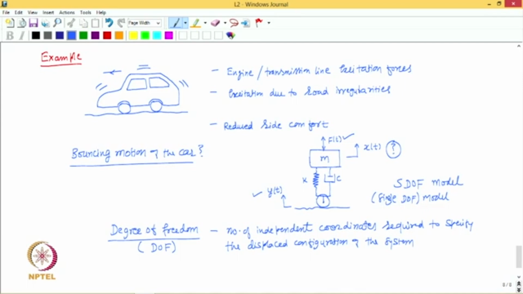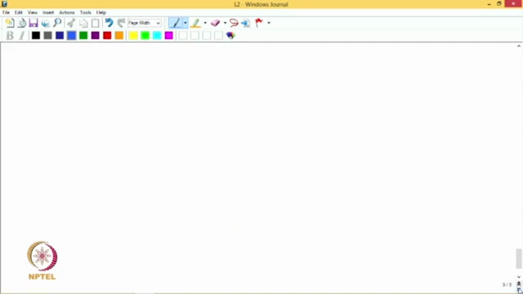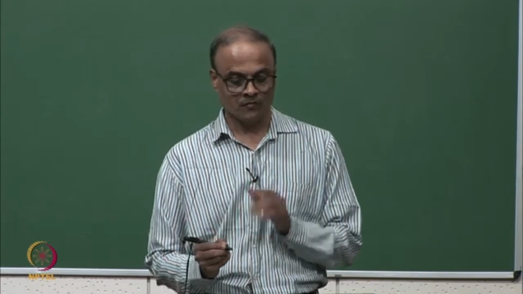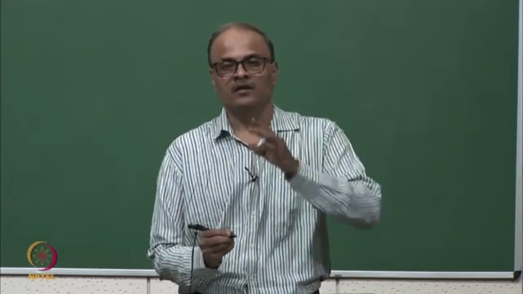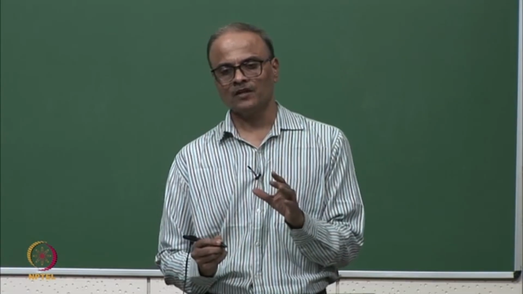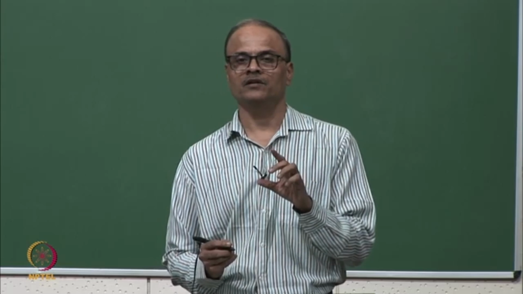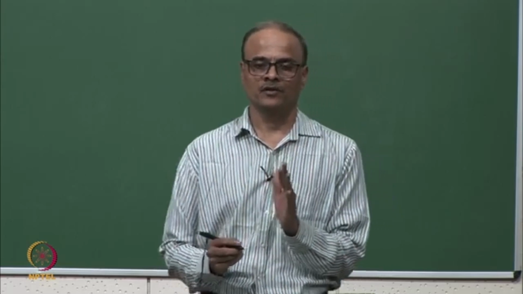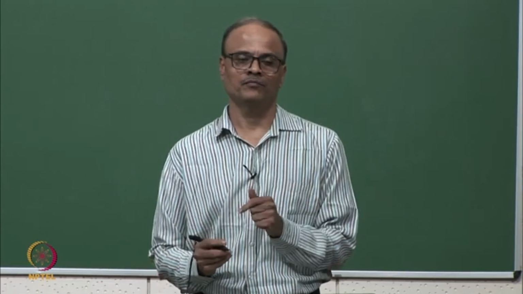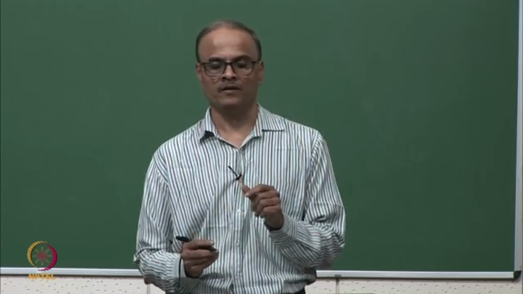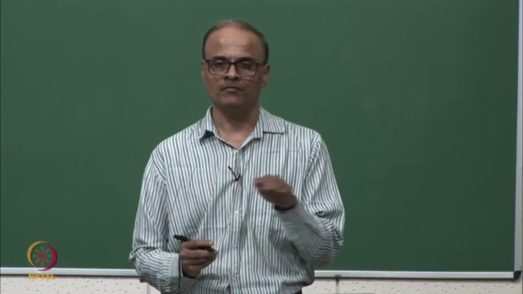So this is, I think, one model we got, right. So we can call it, say, 1. Let us suppose that we want to improve the accuracy of the representation. For example, one motivation could be that the body of the car and the wheel are going to have distinct motions in the vertical direction, because the tire is flexible and therefore it is going to undergo deformation.